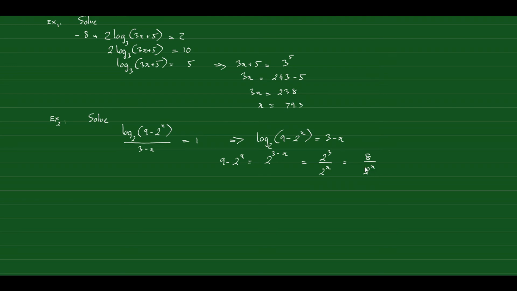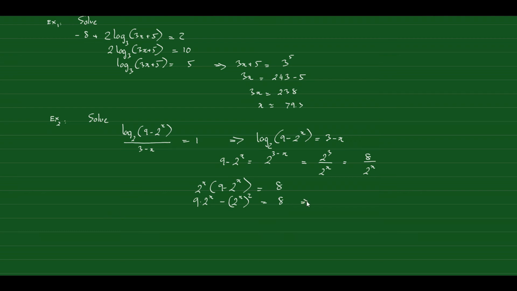Alright, so what do I have here? Now I'm going to multiply both sides by 2 to the x. So I have 2 to the x times 9 minus 2 to the x equal 8. So I will have 9 times 2 to the x, distributing, minus 2 to the x squared, since 2 to the x times 2 to the x is 2 to the x squared, equal 8.